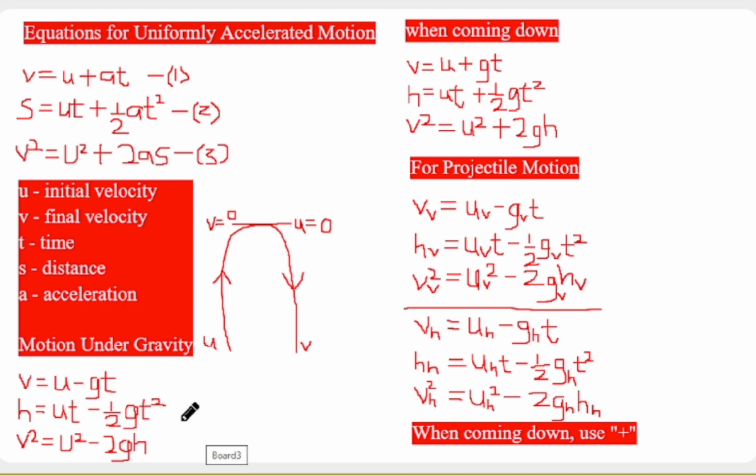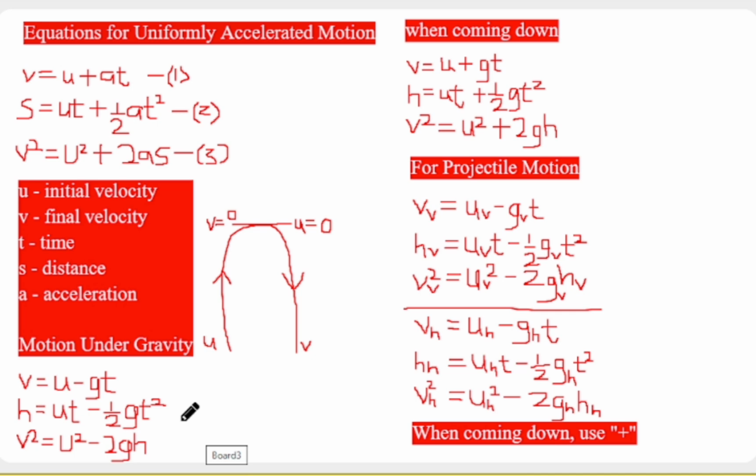for an object that is performing projectile motion, two motions are happening simultaneously. That object is moving up and at the same time is moving forward. An object that is thrown at an angle to the horizontal is performing two types of motion.